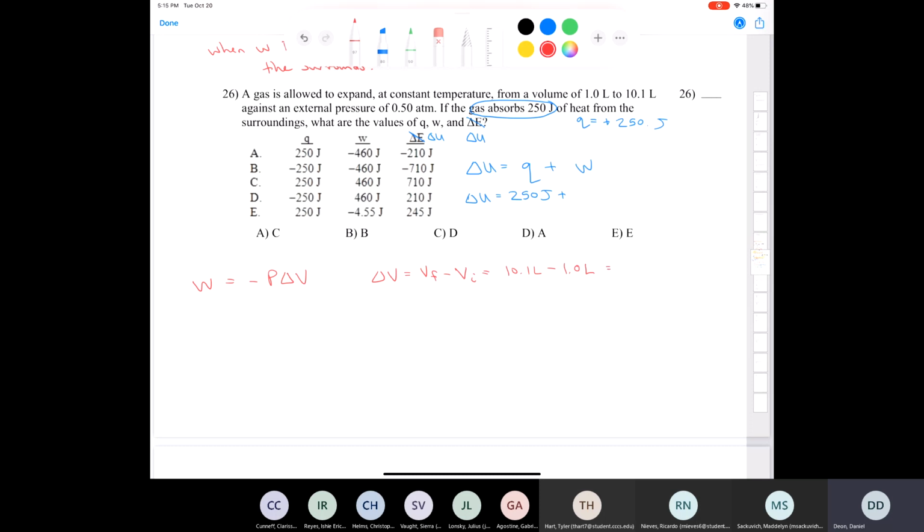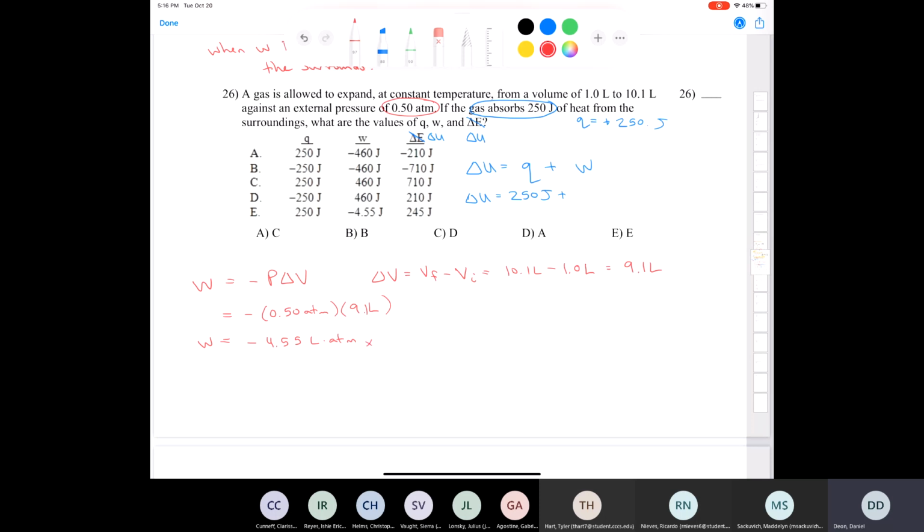When we tally that up, we end up with 9.1 liters as our delta V. And we know what our pressure is as well, because our pressure is given to us as 0.50 atmospheres. So let's plug those numbers in, and we have 0.50 atmospheres times our delta V, which is 9.1 liters. When we plug that in, we get W is equal to negative 4.55 liter atmospheres.